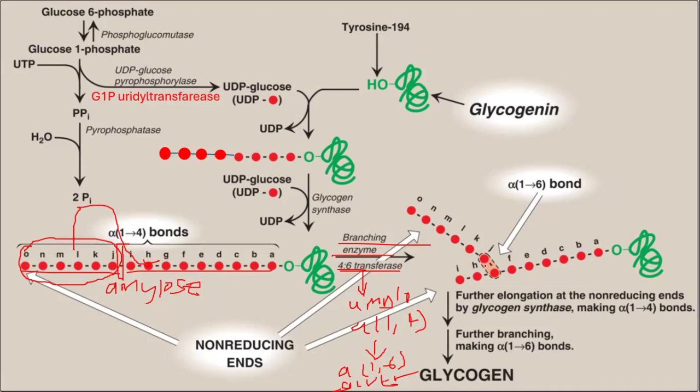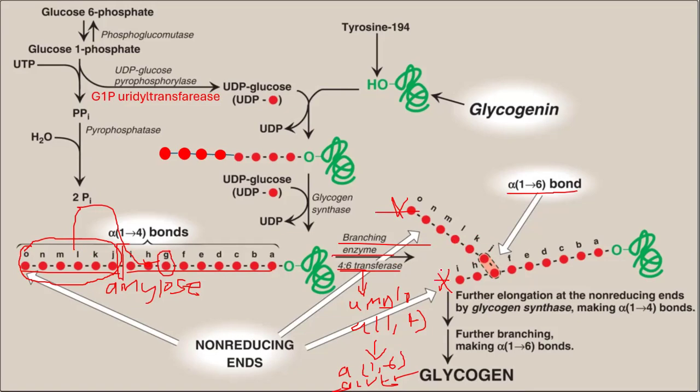In this case, you can see that chain was attached to the glucose labeled G, to form now a new bond, and this bond is now the alpha 1,6 glycosidic bond. Once you do that, you get now two non-reducing ends, one there and another one there.